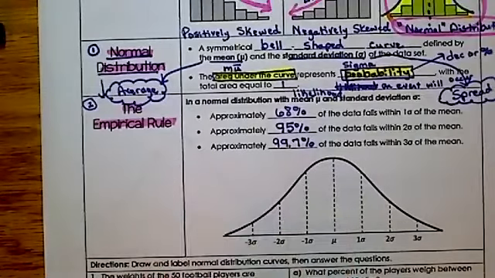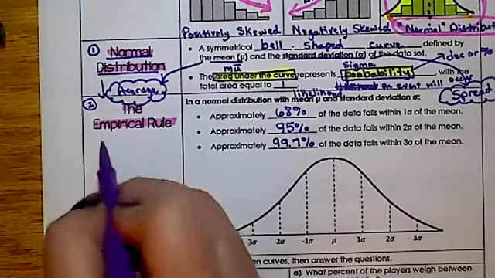What this empirical rule does is it allows you to quickly estimate probabilities.